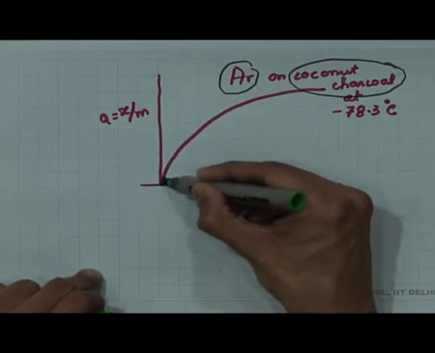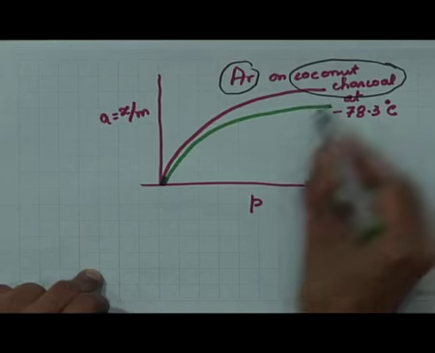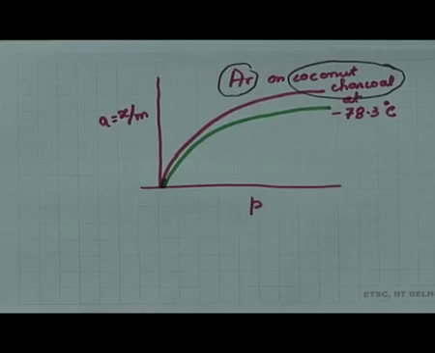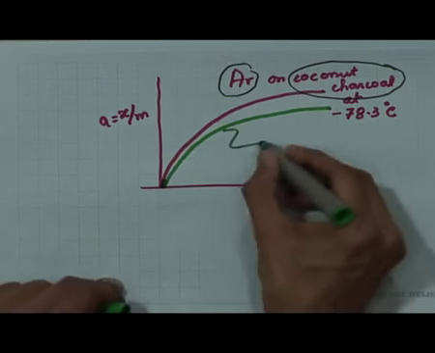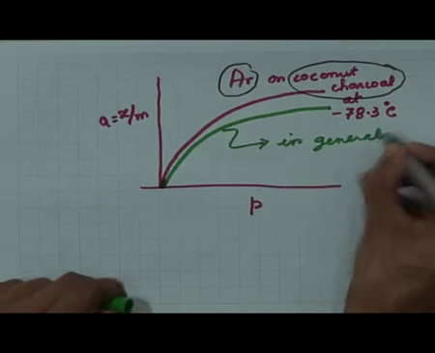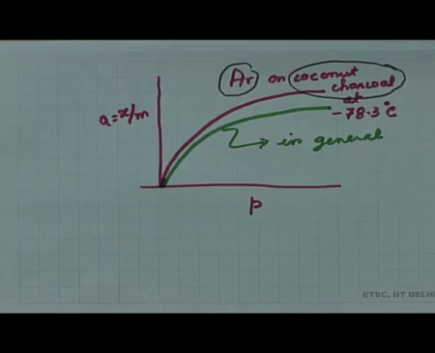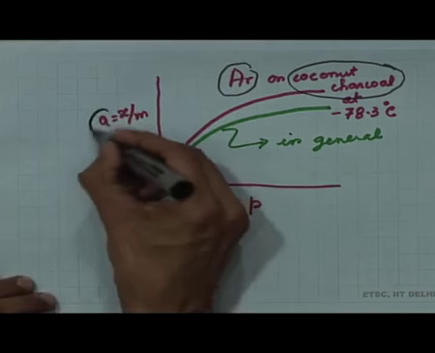They all had a similar sort of appearance, a sharp rise and then a tapering off as the pressure increased. This is what he finds, it is in general, for any gas and any solid.